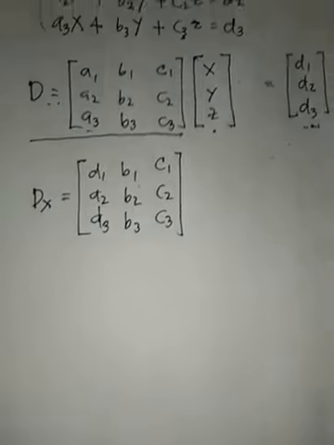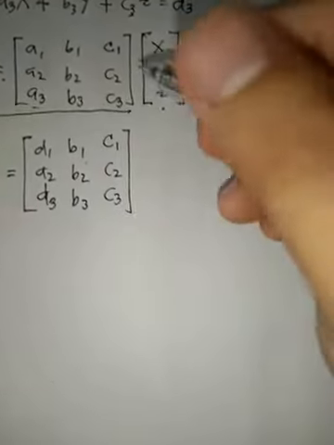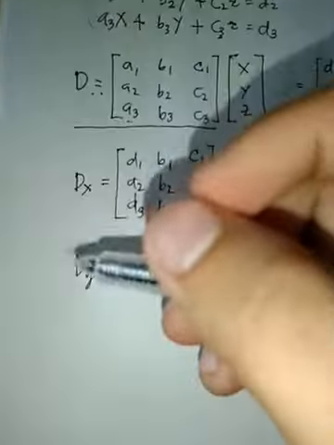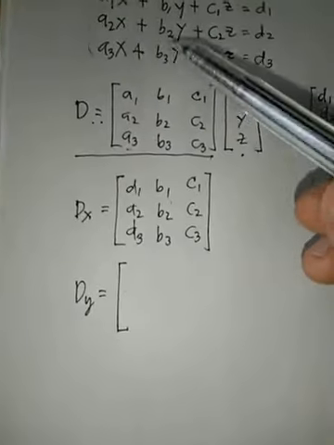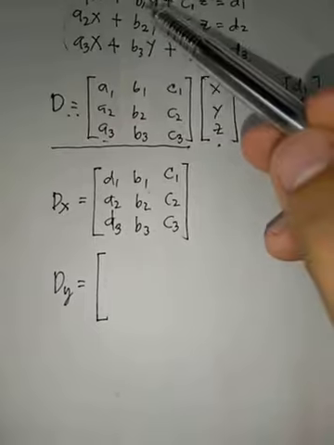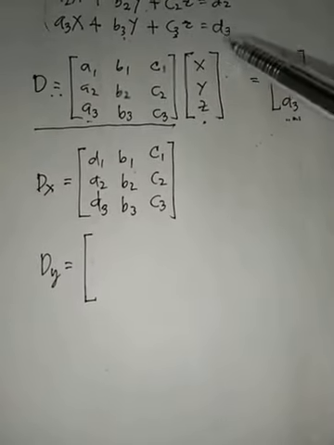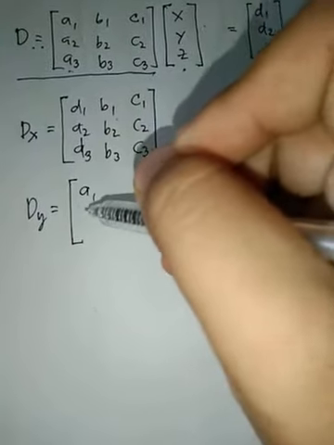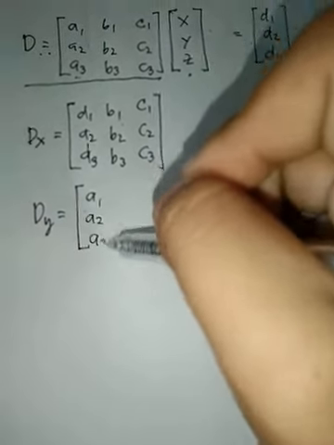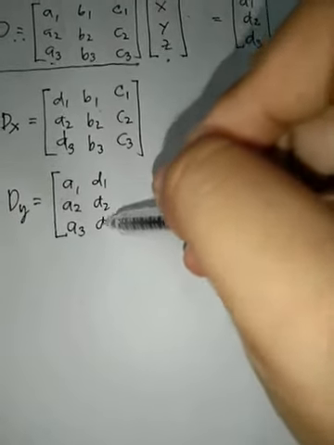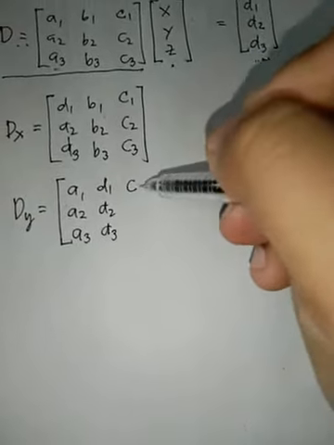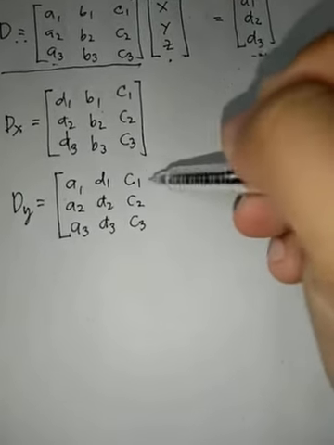That is our DX or the X matrix. How about the Y matrix or DY? The coefficients of y are b1, b2, b3, so replace them with d1, d2, d3. Then a1, a2, a3 as is, and c1, c2, c3 as is.